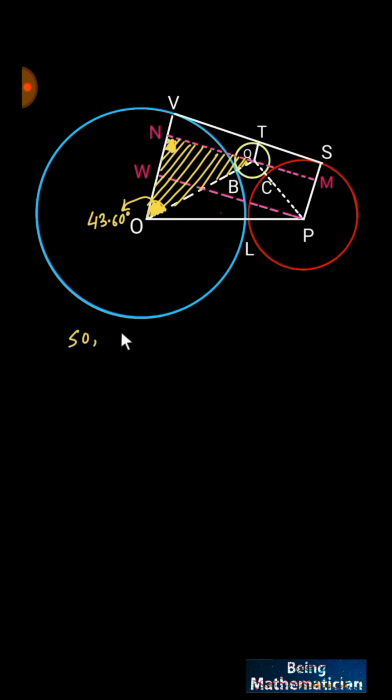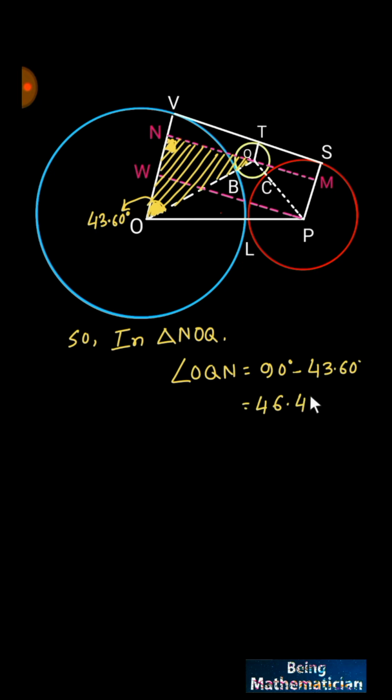So, clearly, in triangle NOQ, angle OQN is 90 degree minus 43.60. So, it is 46.40 degree.